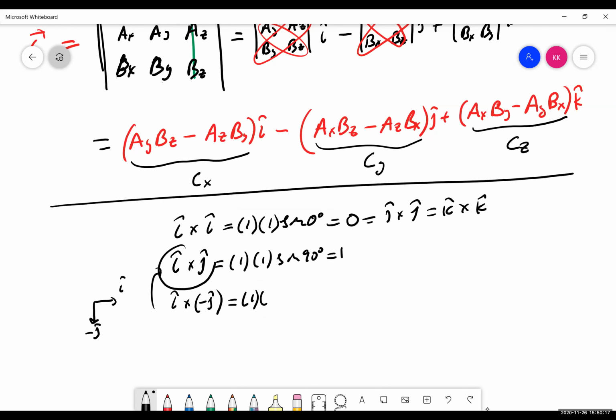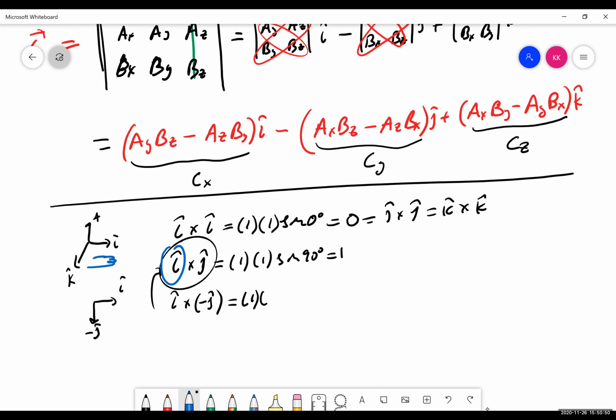But also, the cross product has to give us a vector. That means you also have to get a direction. So how do we get a direction for this one? Well, think like this. You have I hat, J hat, and K hat. Use your right hand and have your fingers first in the direction of the I hat vector, because that's your first vector.